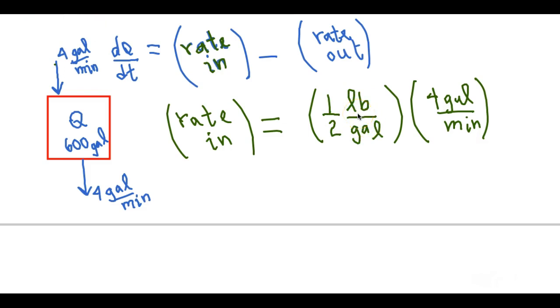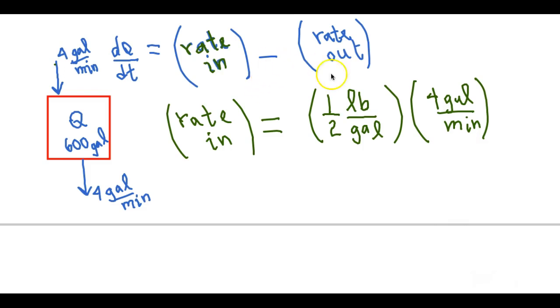So here's where we have to scale that information of 4 gallons per minute, because we know that starting at time t equals 0, water that contains 1/2 pound of salt per gallon is poured into the tank at a rate of 4 gallons per minute.